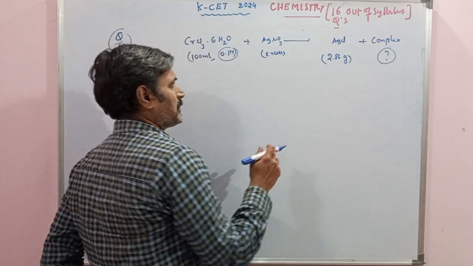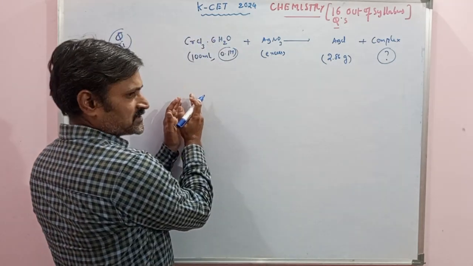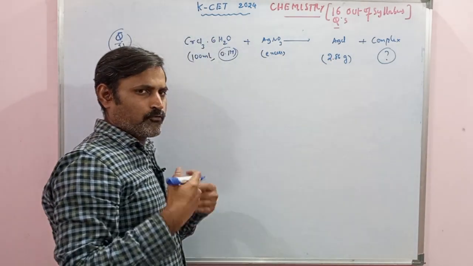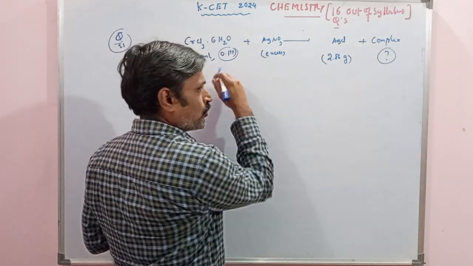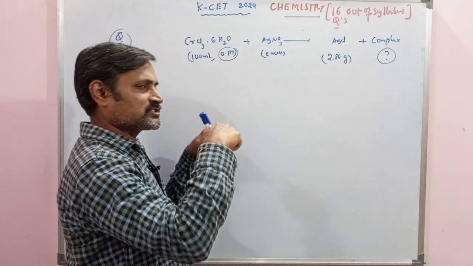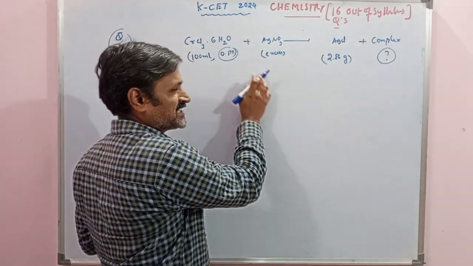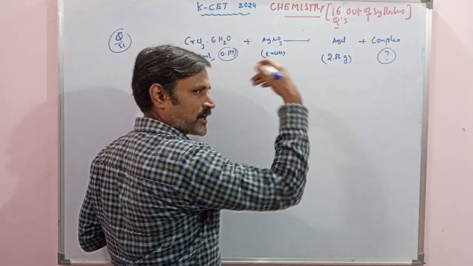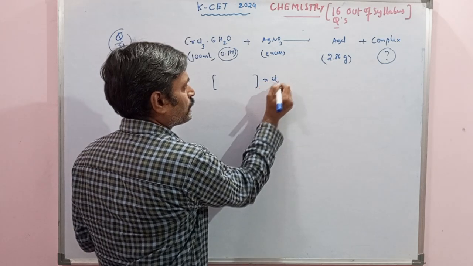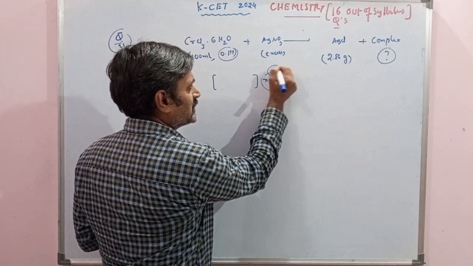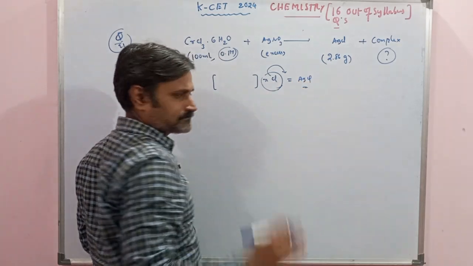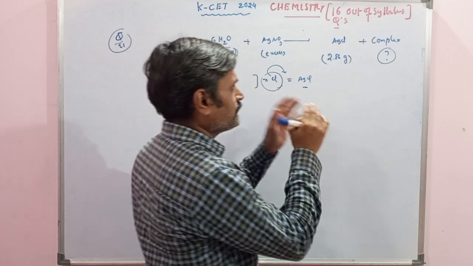First of all, remember, whenever a complex is given with excess silver nitrate, the number of moles of AgCl formed equals the number of chlorides present in the ionization sphere, means outside the square bracket of the complex. If x chlorides are there, x moles is equal to the moles of AgCl. Clear? So from that we can easily find the complex.